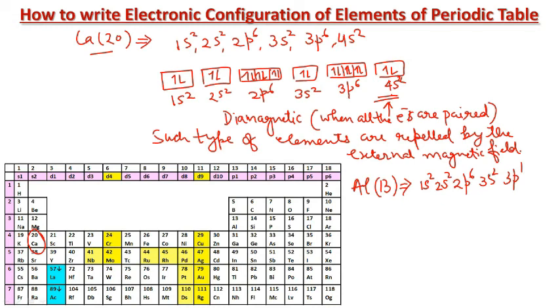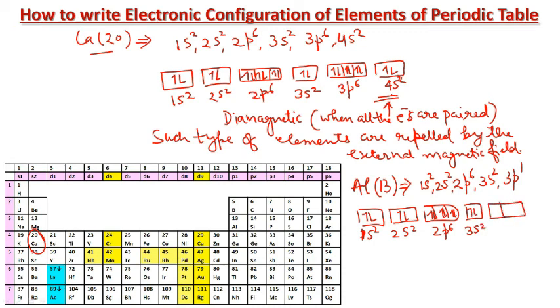If we draw the orbitals, 2p6, 1, 2, 3, 4, 5 and 6. So this is 2p6, 3s2 and then 3p1. In this atom there is one unpaired electron.